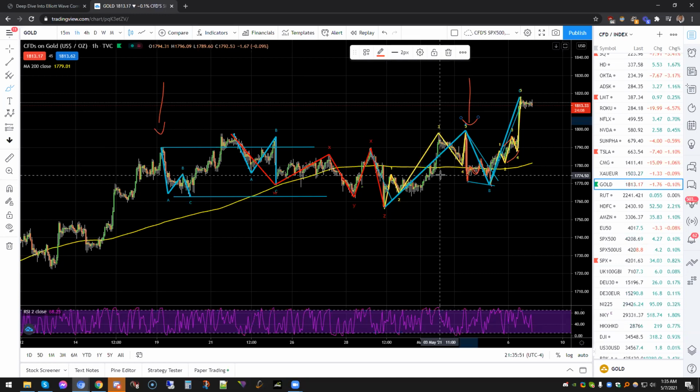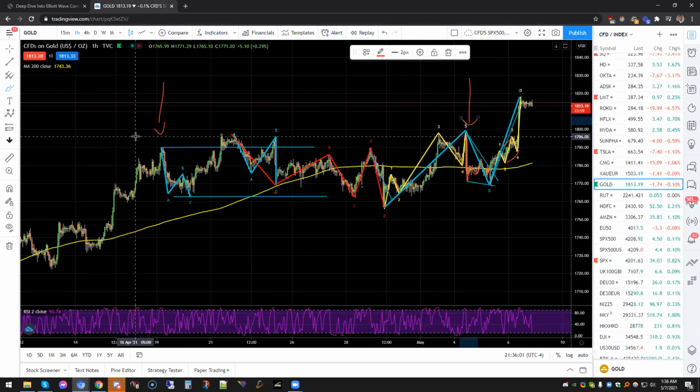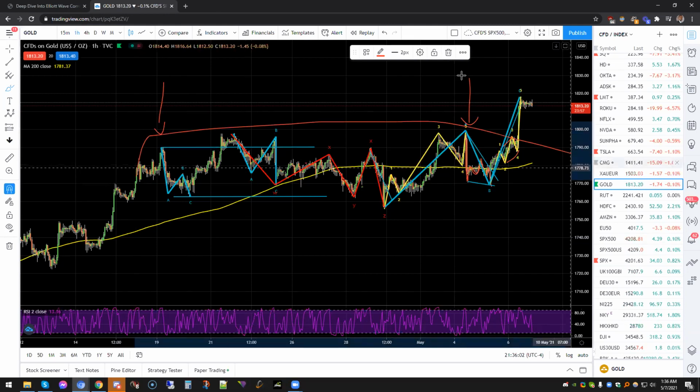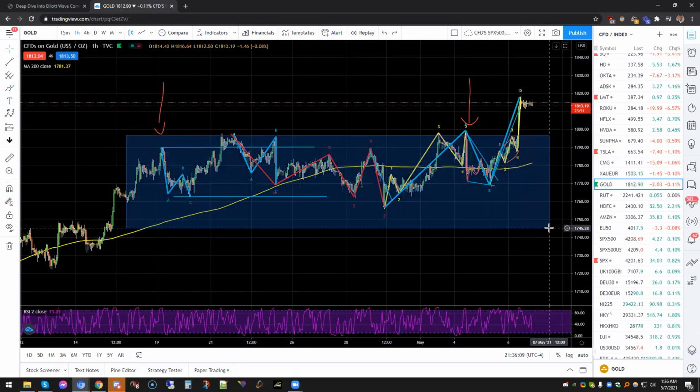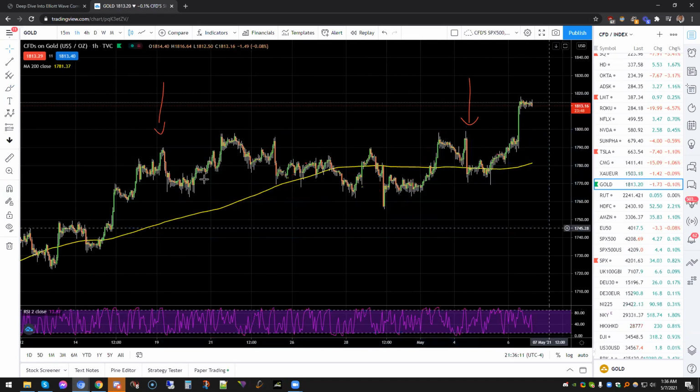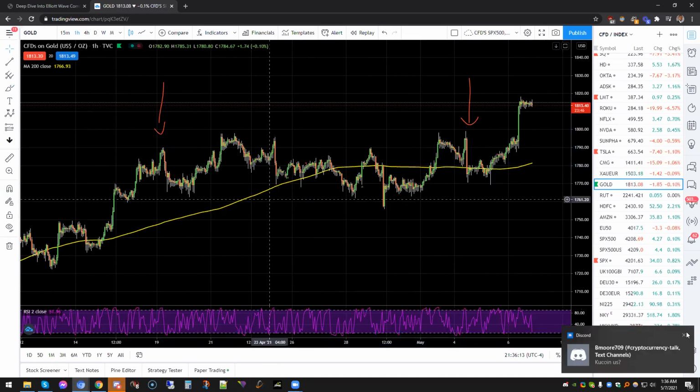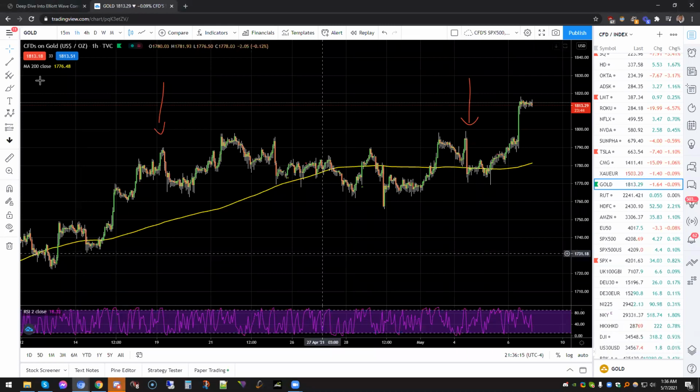Let me know if you can see the resemblance between these waves. Grace, what about you? Do you see the resemblance between these waves? I see Monica says, no, not really. Okay, let me just try to clear all the drawing off. All right, so look at this.